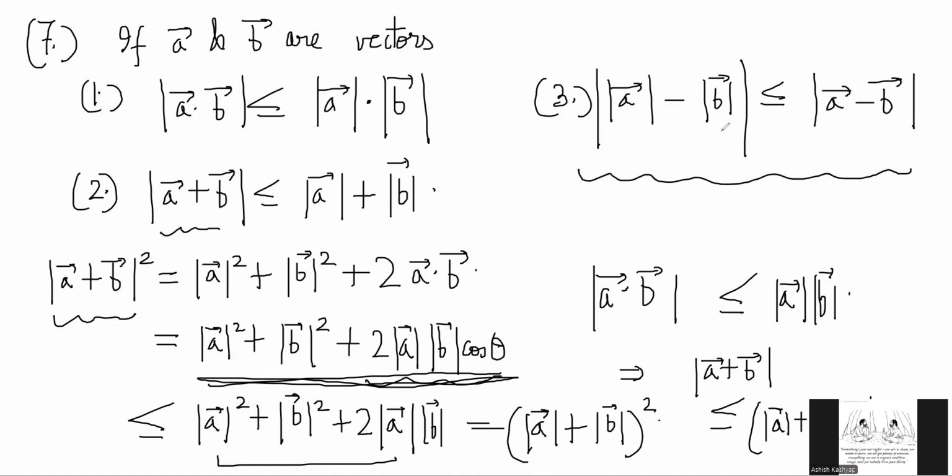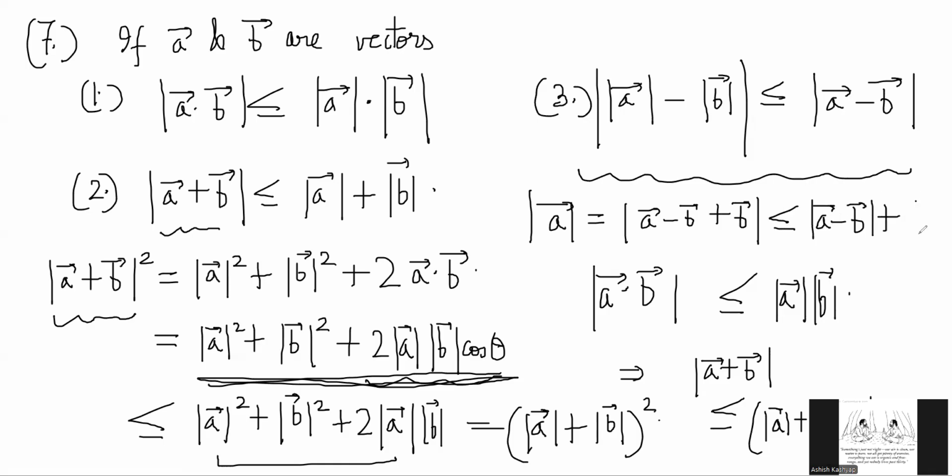So again, you can prove this simply by the triangle inequality, or it is anyway easy to prove by thinking of modulus of A vector as A minus B plus B, and using the inequality that this is less than mod of A minus B plus mod B. And basically take this to the other side and you get mod of A minus mod of B is less than or equal to mod of A minus B. So that automatically finishes the proof, right?